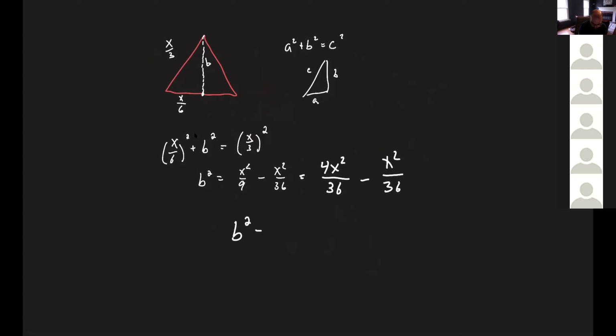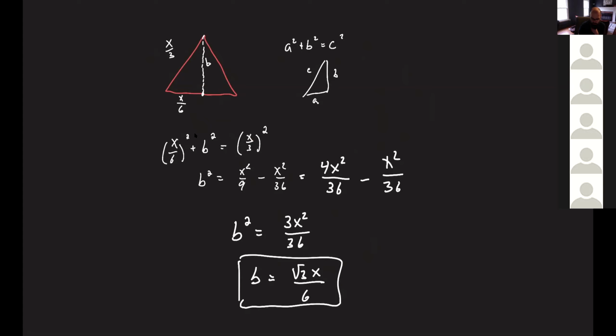So you get b squared is 3x squared over 36. Yeah, and then you just take the square root, right? So this is going to be square root of 3 x over 6. All right, so if I take the square root of each part, square root of 3 is just the square root of 3. That doesn't simplify. Square root of x squared is x, and square root of 36 is 6.